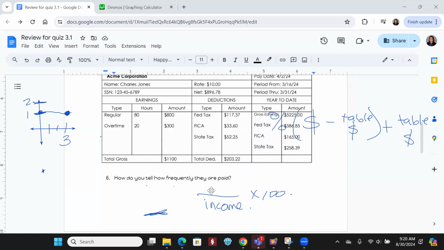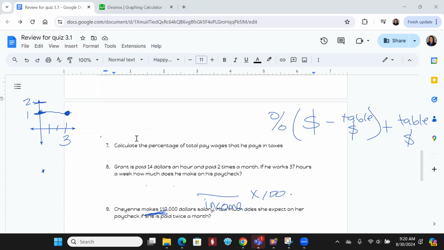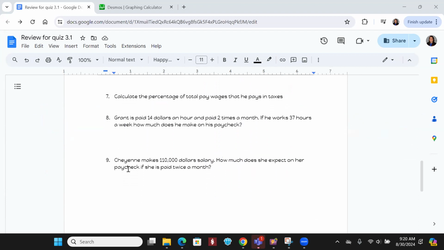Okay. What about paychecks? You can tell how frequently they're paid. What about calculating the percentage of total paid wages that he pays in taxes? So this is taxes divided by his wages. Taxes divided by gross pay. Now looking at number 8.